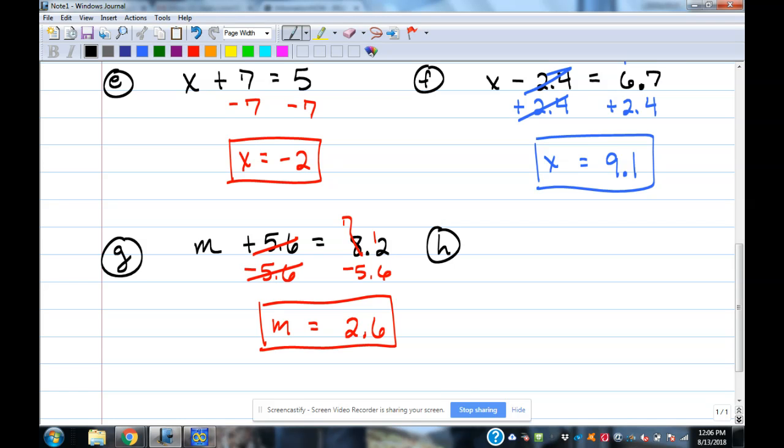All right, let's do this one. x minus 8.01 equals negative 5.81.